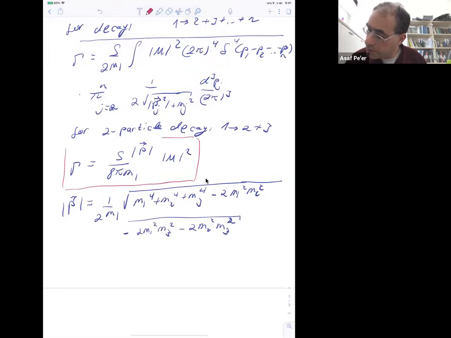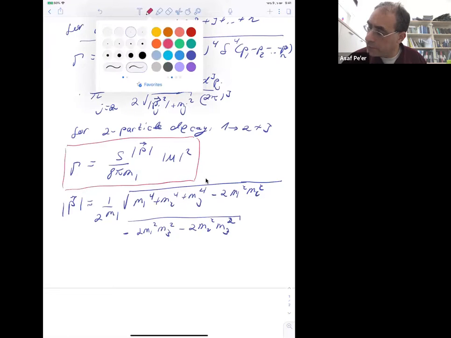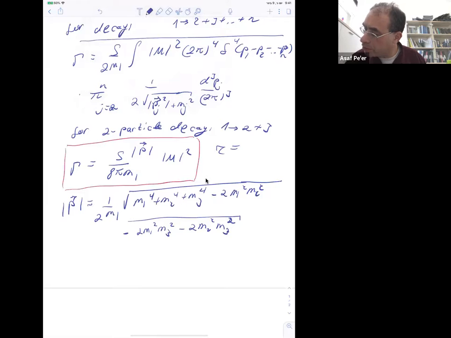And of course, the mean lifetime of the particle, tau, is 1 over Gamma. So if we know the masses of the particles, the initial mass and the final masses, and we know this statistical factor S, which really depends on how many identical particles we have there, and what else do we need to know? Of course, the scattering matrix M. Then we know the decay lifetime.